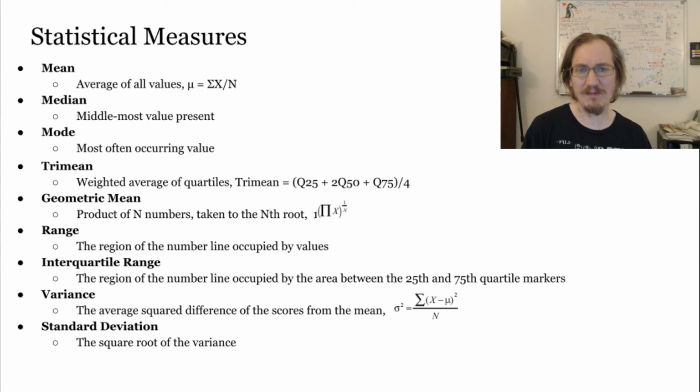Let's say we don't have all of the different values, but we know that we have these quartile ranges. Well, we can compute a mean from the trimean then and get some kind of value about the central tendency of the data. And you can also look at the interquartile range if you just have the quartile markers, for example. So each one of these is used in different cases, and depending on how the data looks, you might want to pick one or more of these as a descriptive statistic.